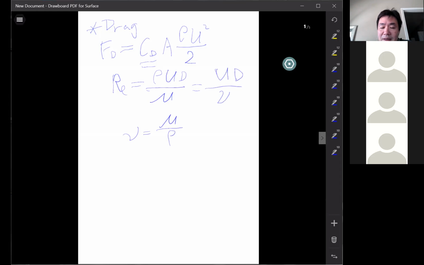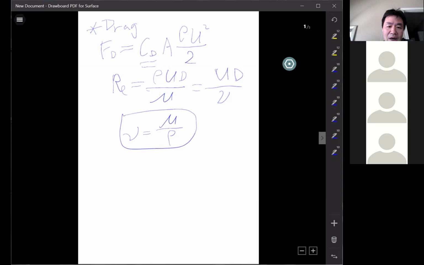Be careful, in most tables, it shows dynamic viscosity as well as kinematic viscosity. But some tables may show just the kinematic viscosity. If you use that viscosity, there's no rho in the numerator for the Reynolds number. D is the diameter of the cylinder or the sphere.